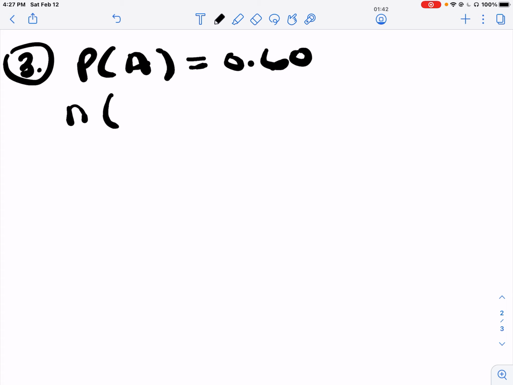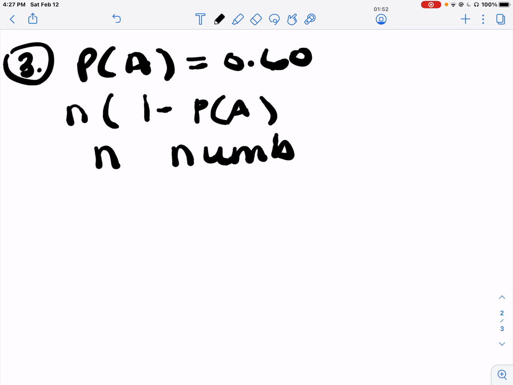You can do N times 1 minus the probability of A. N is the number in the sample.